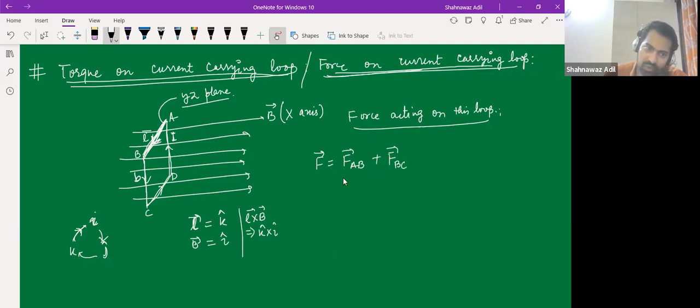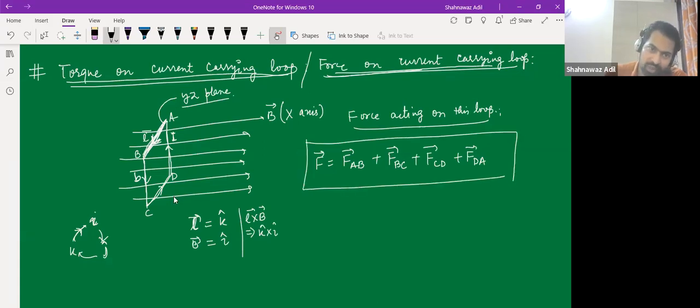And then force going from C to D, and then D to A. So these are the contributions of all the forces, right? These are four straight wires combined together and making a rectangular loop. So we have to calculate individually all these forces. And these are vector sums, right?